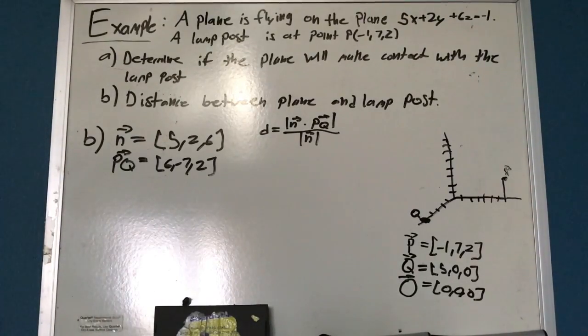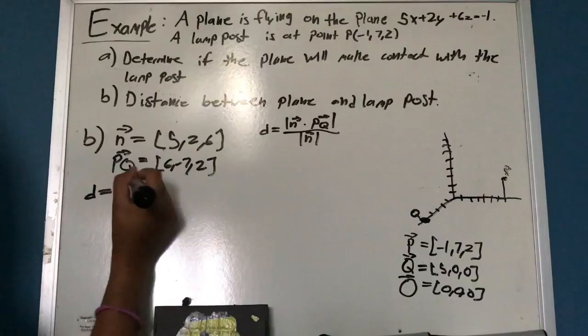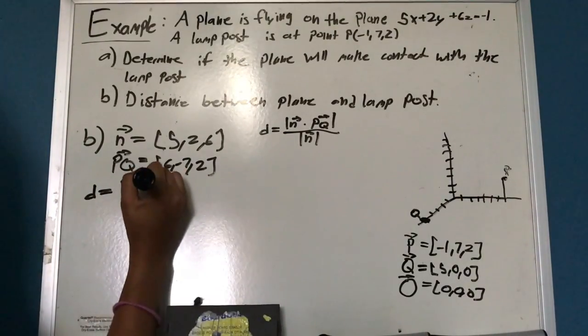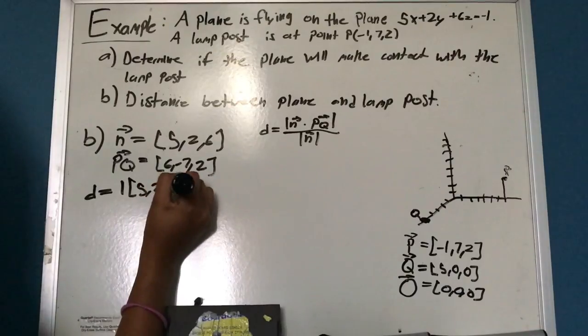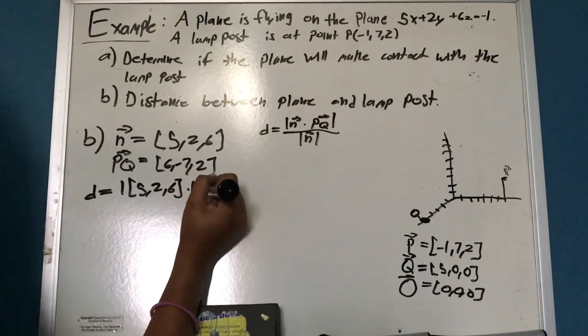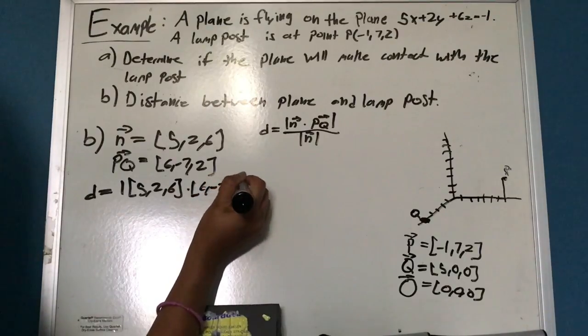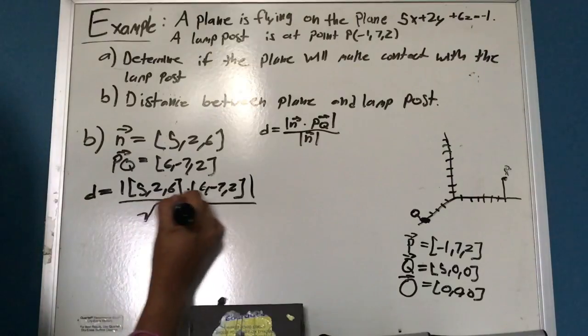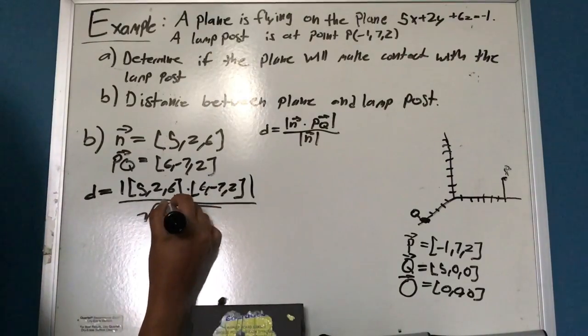Now that we have our normal vector and our PQ vector, we can sub those values into our distance formula. So it's going to be the absolute value of our normal vector dot product with our vector PQ, over the magnitude of our normal vector.